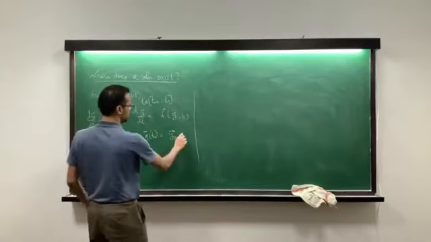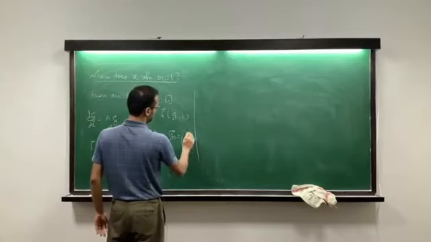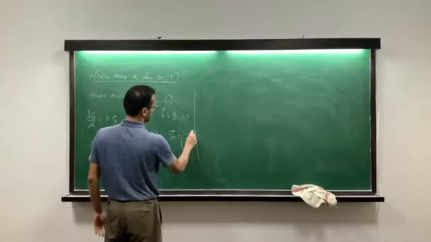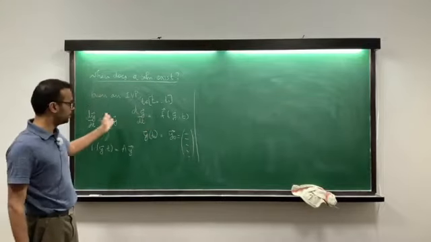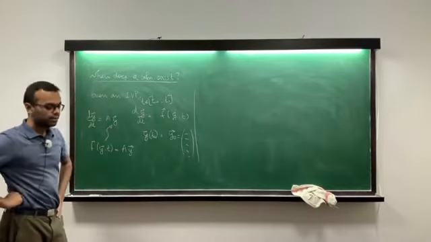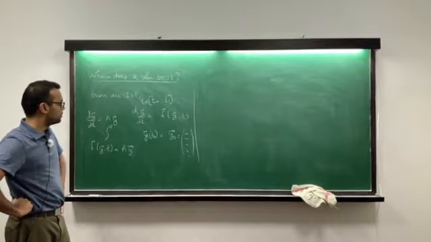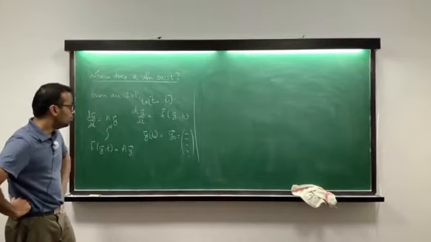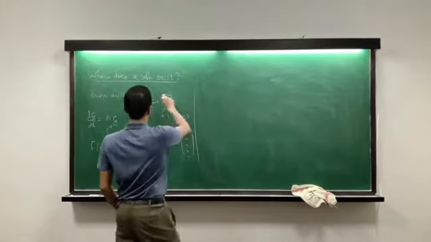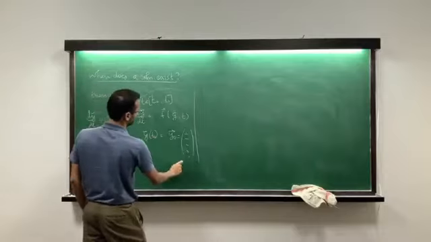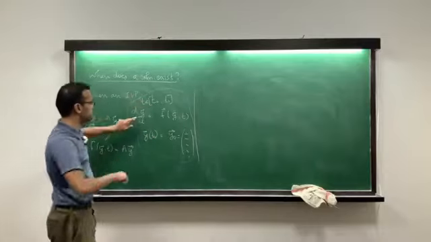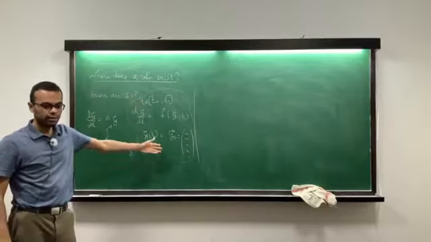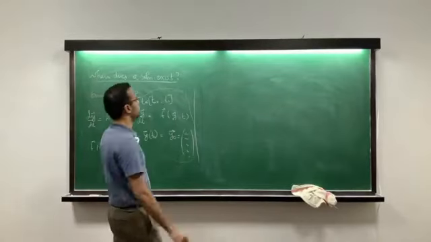This has entries, whatever, 1, 2, 3, 4, some numbers, depending on the order of the system, the dimensionality. Good. So this system, differential equation, domain, and the initial condition constitutes an initial value problem.